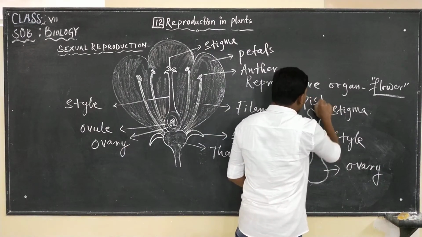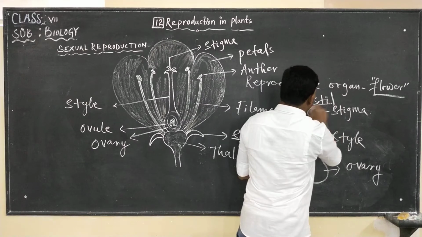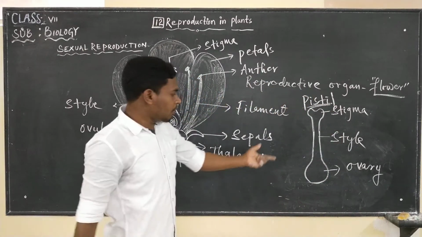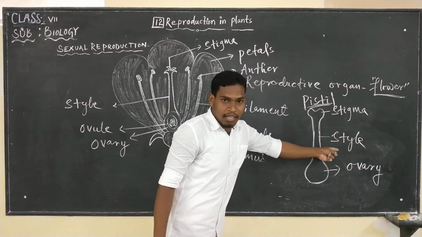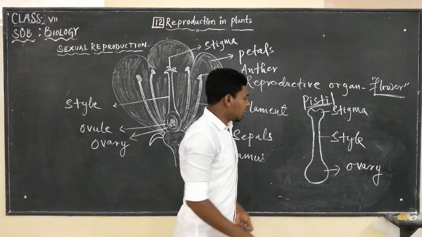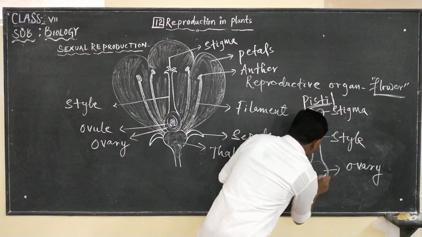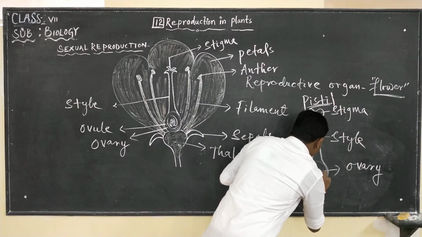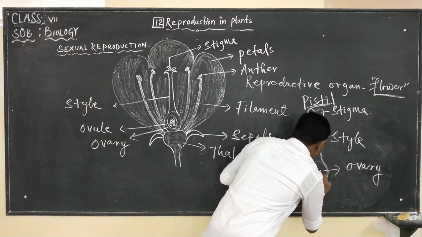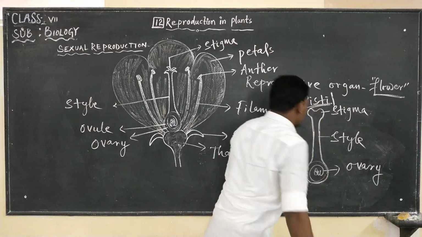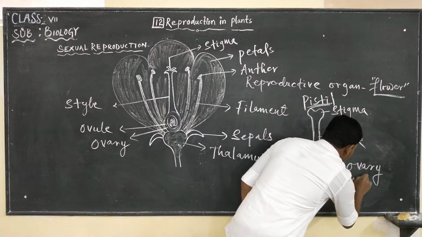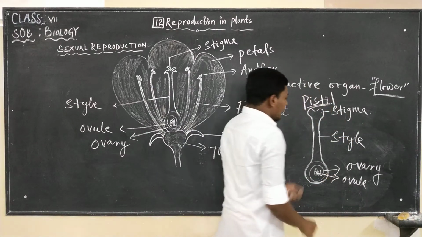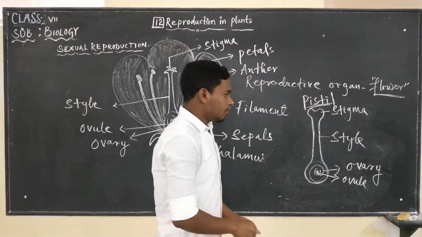Pistil consists of stigma, style and ovary. Inside the ovary we find ovule. So this is the female reproductive part.